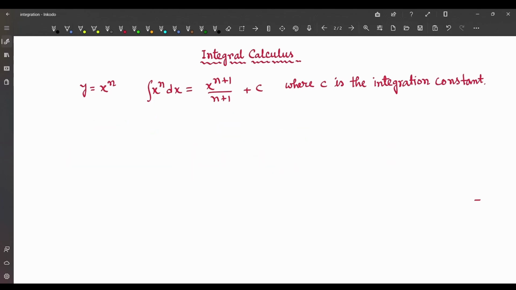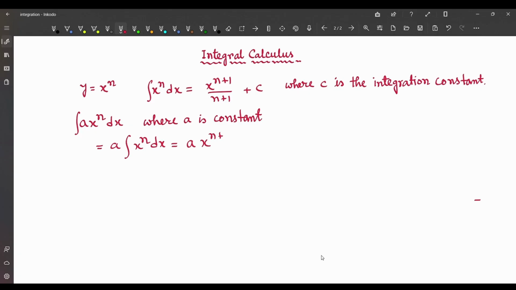Integration of some algebraic functions. If we integrate a x to the power n with respect to x, where a is a constant, then we can take out a and write integration x to the power n dx, and this is a into x to the power n plus 1 by n plus 1 plus c.